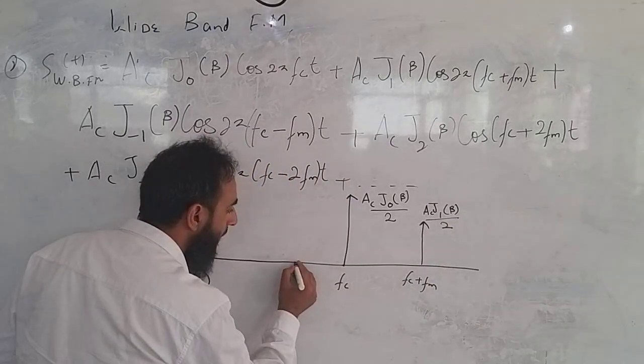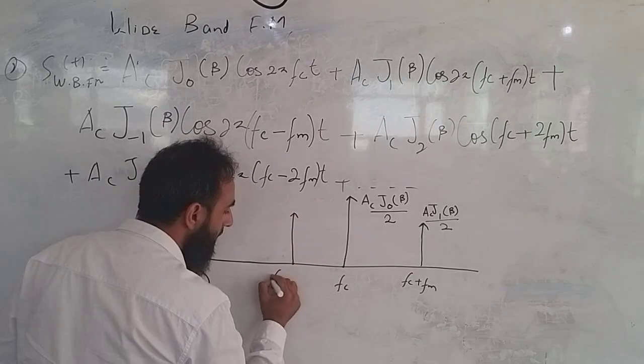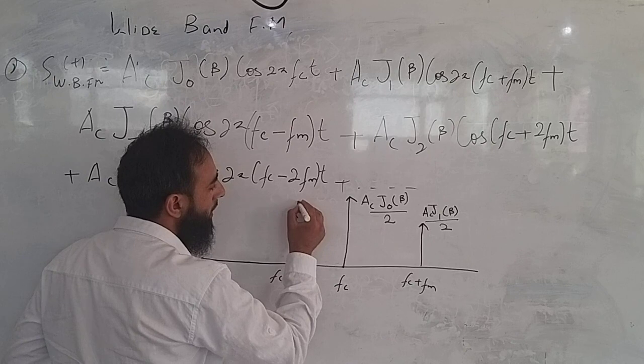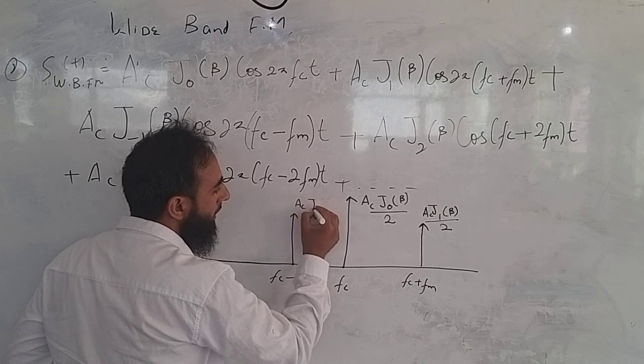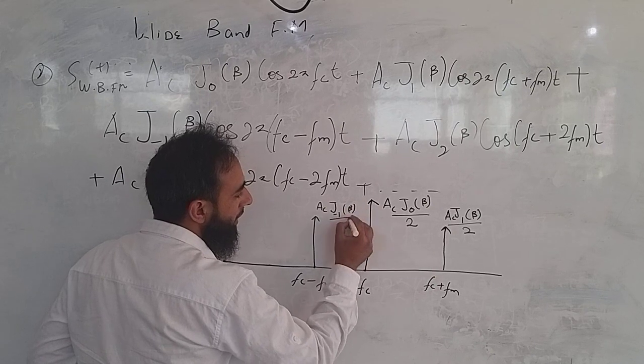At some point fc minus fm, I will have A_C J minus 1 of beta by 2.